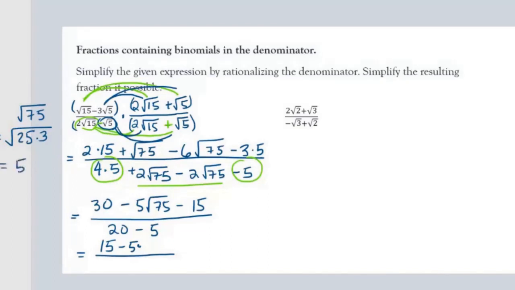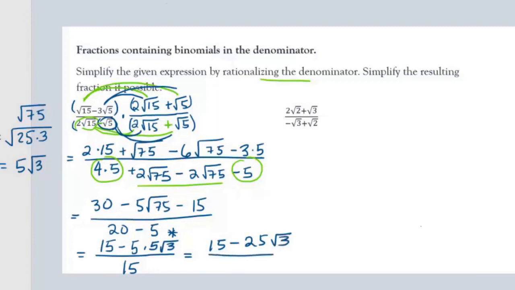The square root of 25 is 5, so the square root of 75 simplifies to 5 root 3. All right, the negative 5 root 75 therefore becomes negative 5 times 5 root 3. So finally we have 15 minus 5 times 5 is 25 minus 25 root 3, all divided by 15.